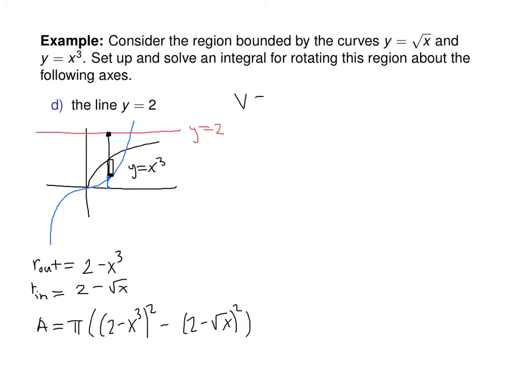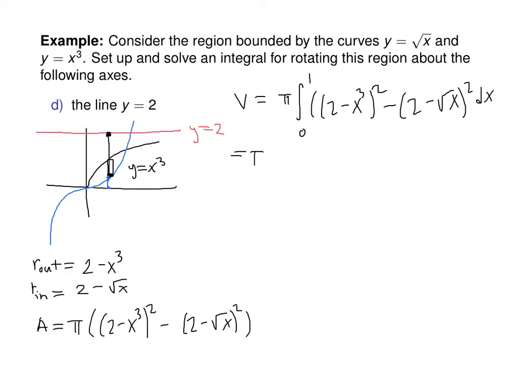And to find the volume, I will take out the pi and integrate from 0 to 1 once again, (2 minus x cubed) squared minus (2 minus root x) squared dx. Now if we expand, pi times the integral from 0 to 1, 4 minus 4x cubed plus x to the 6th minus (4 minus 4 root x plus x) dx.